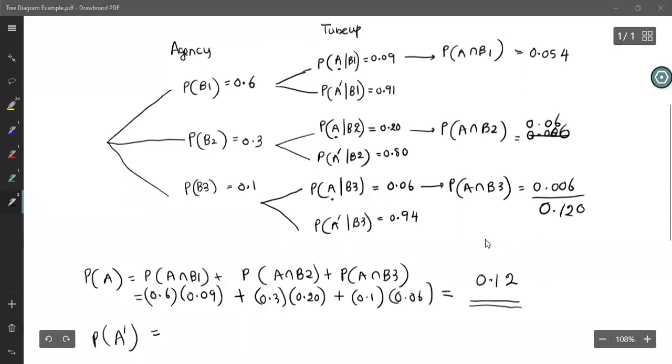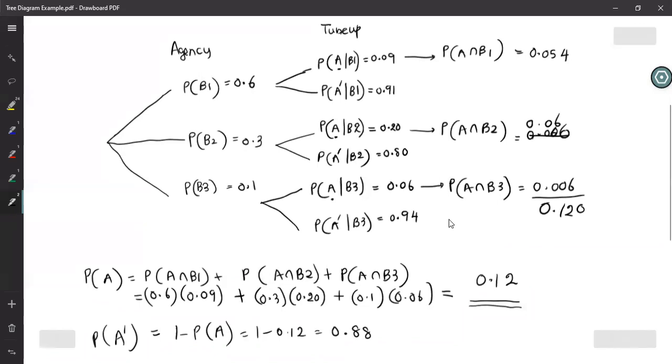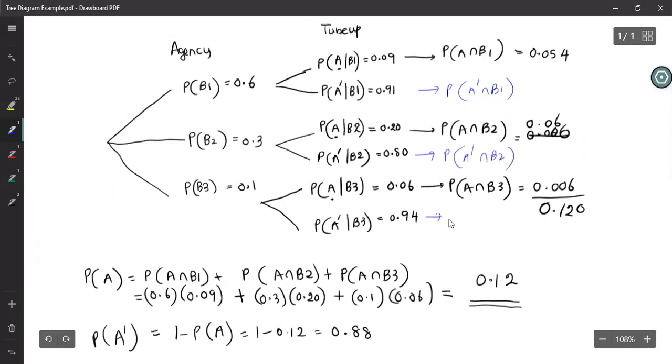How do you get that? This is the complement. So you do 1 minus P(A). So you get 0.88. Or if you want to do the harder way, P(not A) will be from the rest 3. See, this is not A and B1, not A and B2, not A and B3. So if you multiply these 3 and then add together, you get 0.88. And so the total probability 1. Right? Okay.